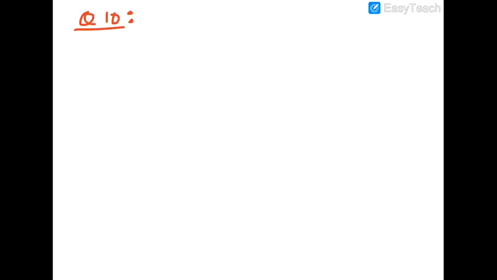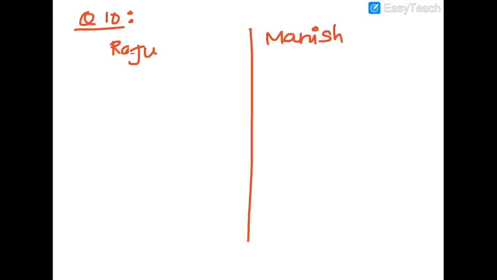First, we have to write the given data. There are two persons, Raju and Manish. For Raju, 10 pens he bought for 150 rupees.